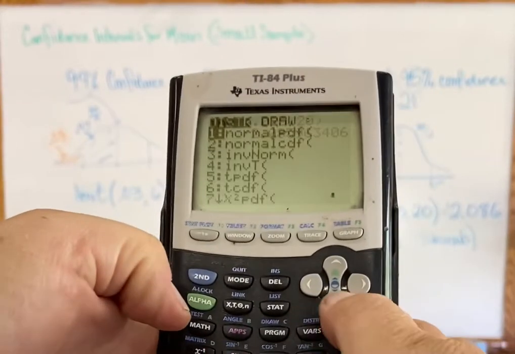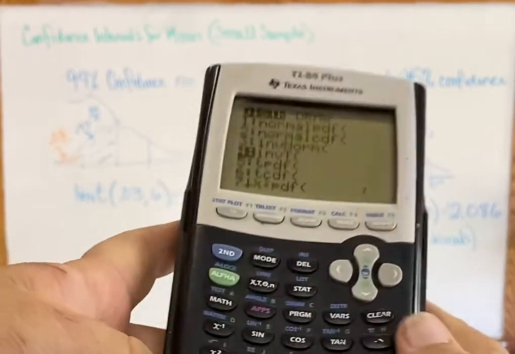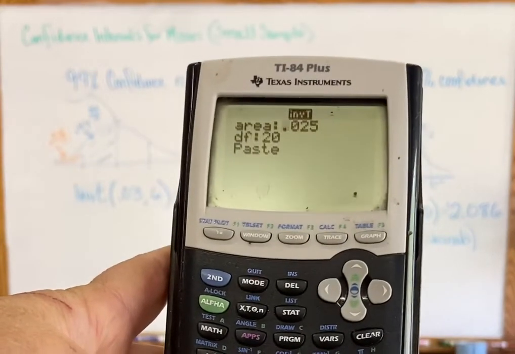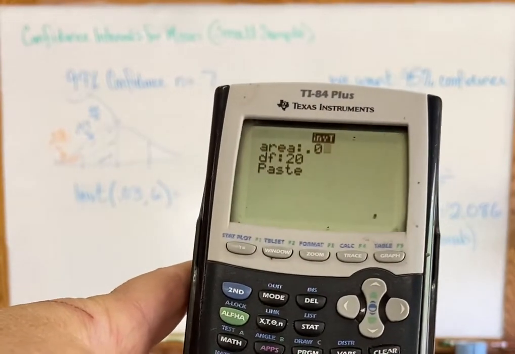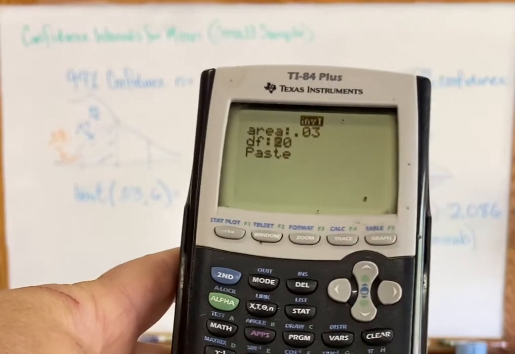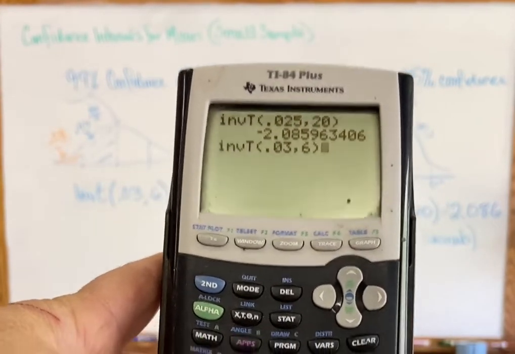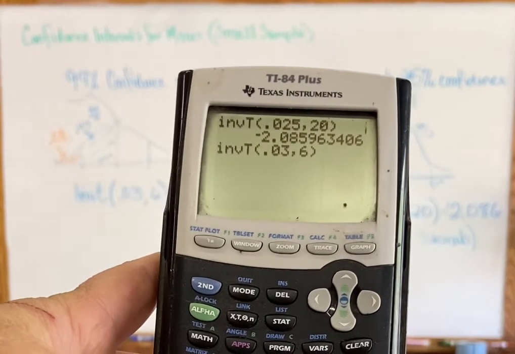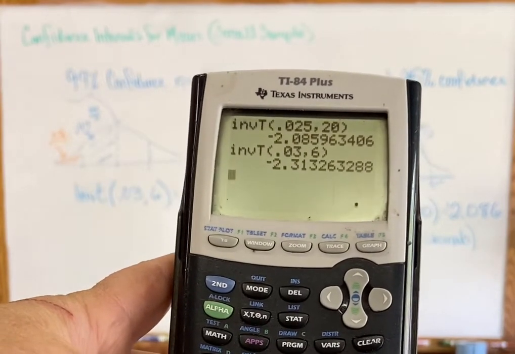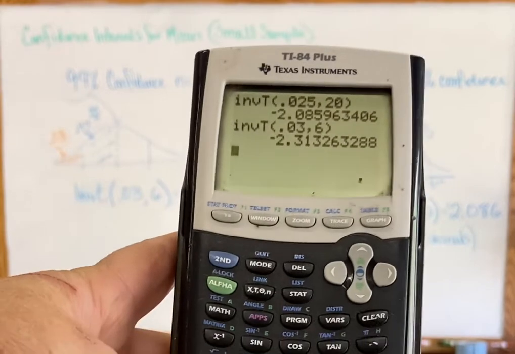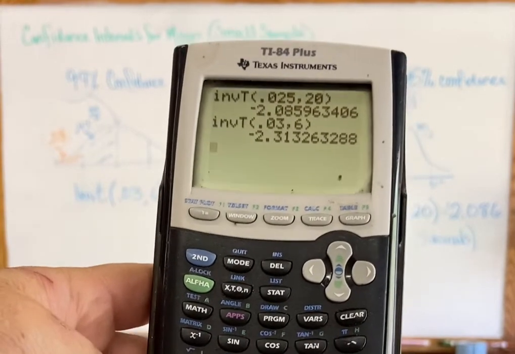So inverse t. Inverse t. 0.03, 6, and let's see what pops up. Negative 2.313. Remember, we don't need the negative sign, so 2.313.